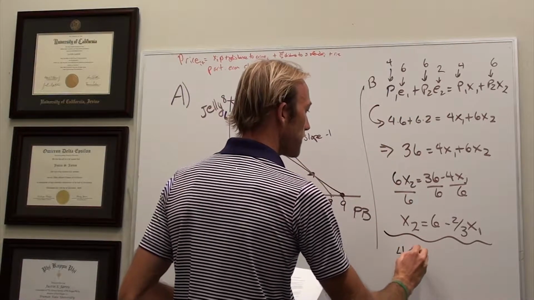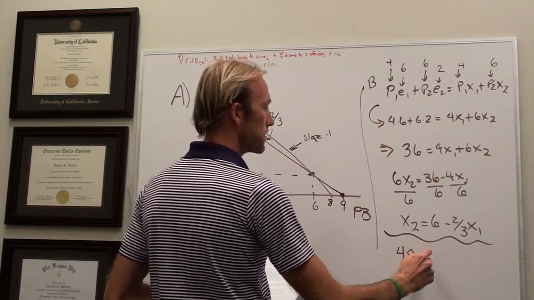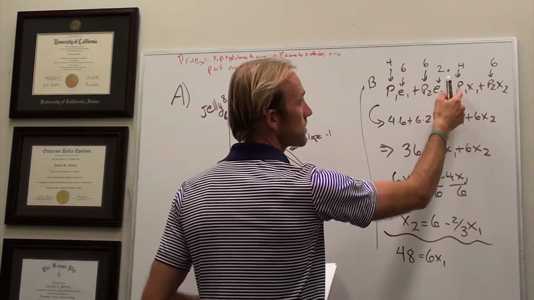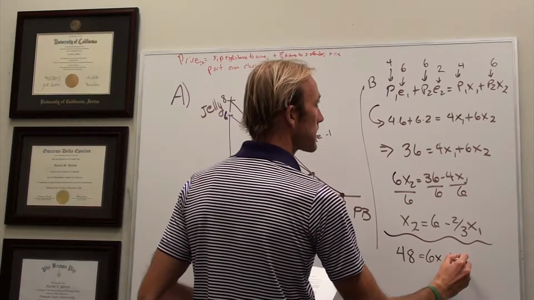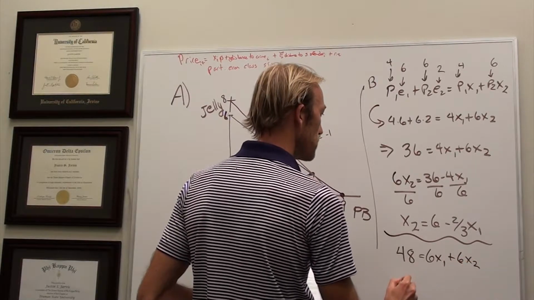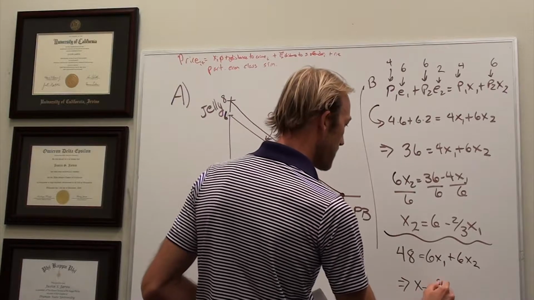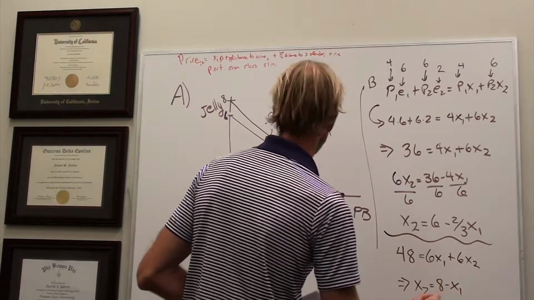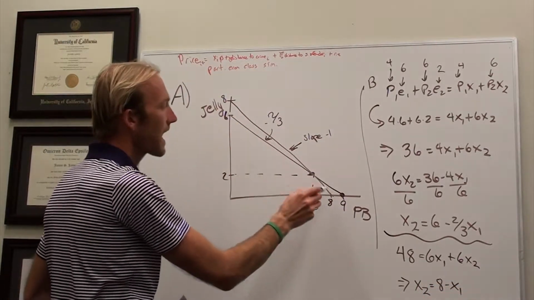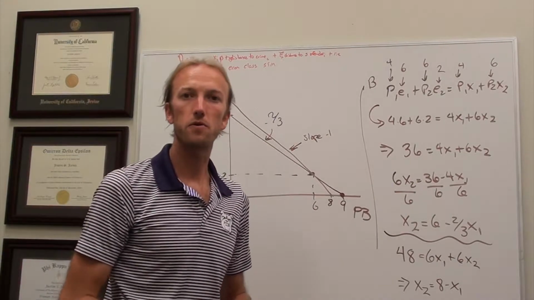So I would have 48 is equal to 6x1, because it's no longer 4x1, 6x1 plus 6x2, and this implies, once I solve for x2, x2 is equal to 8 minus x1, which you'll notice is exactly this second line that we drew here.